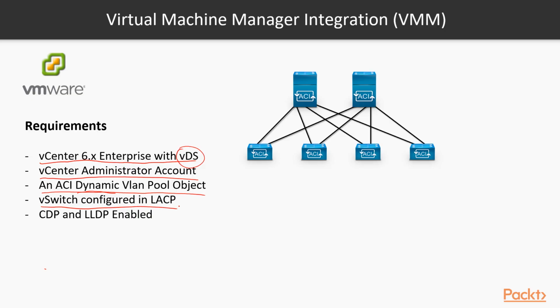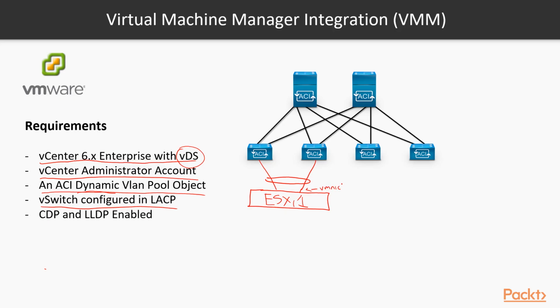We want to enable link aggregation control protocol between my ACI environment and my ESXi host. And let's draw what we're going to be working with in this video. So I have an ESXi host, right? We have ESXi1, in which we have two interfaces on the host side, and these will be VMNICs.